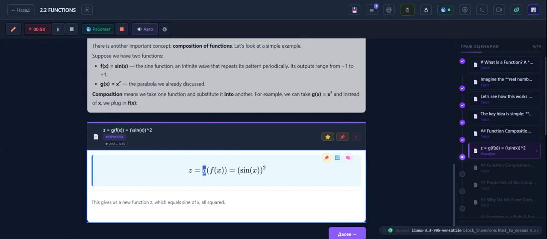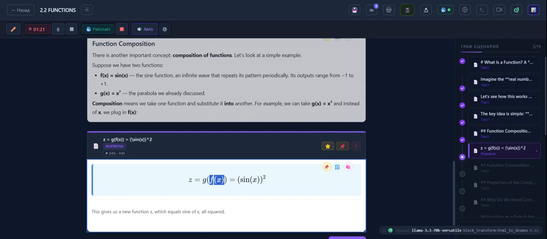You can see that g of f of x is highest in the hierarchy. It's outside. So basically it means x squared is our outside function, and the value of x we substitute with another function within the brackets.